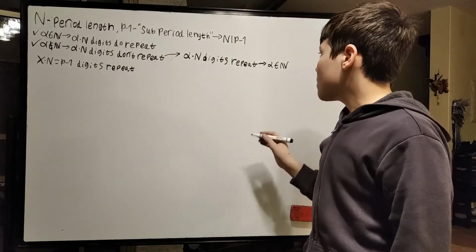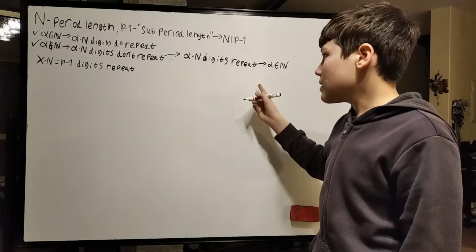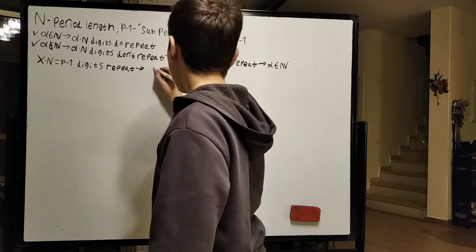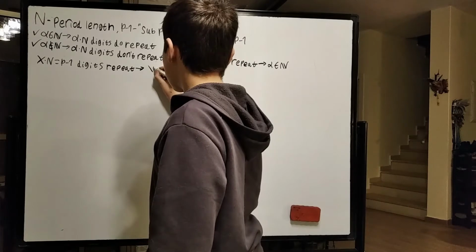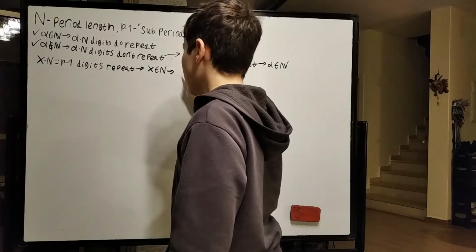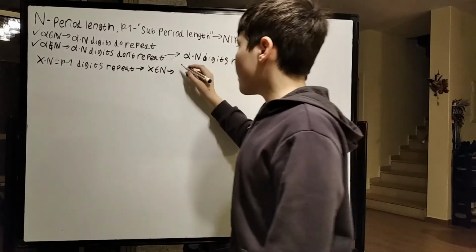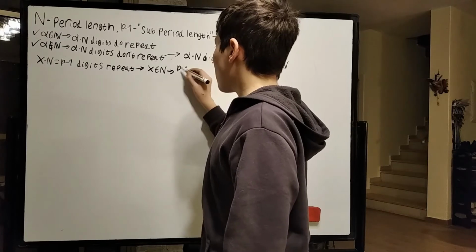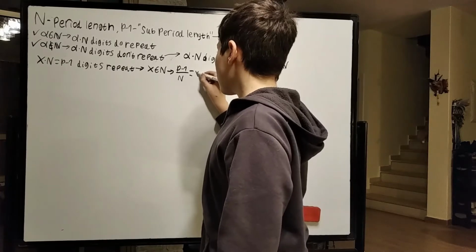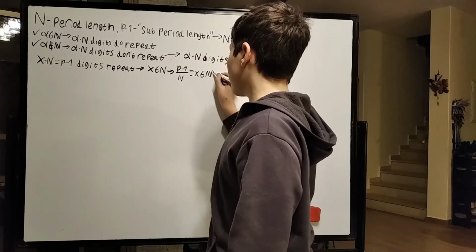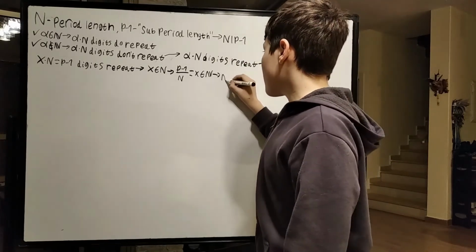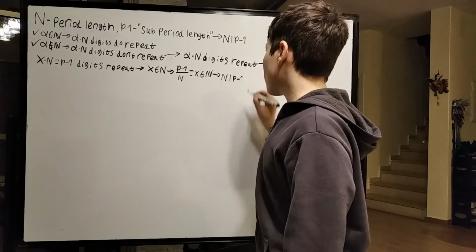By this, we know that x is a natural number. But what that means is we can solve the equation for x and get that p minus 1 over n is equal to x and is a natural number. And this means that n divides into p minus 1.